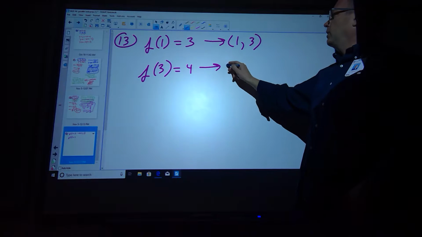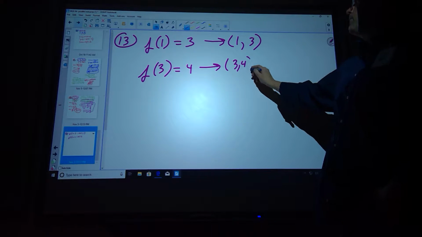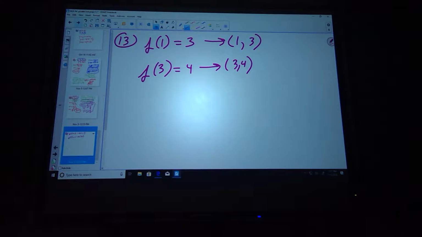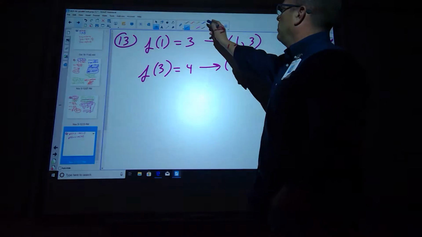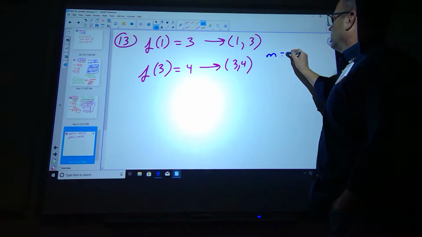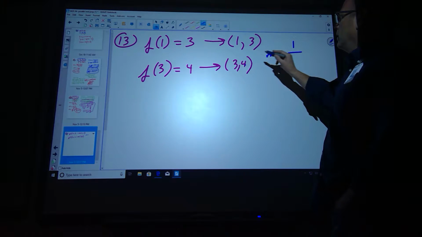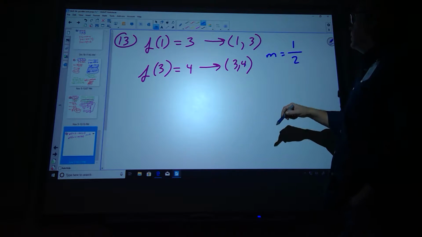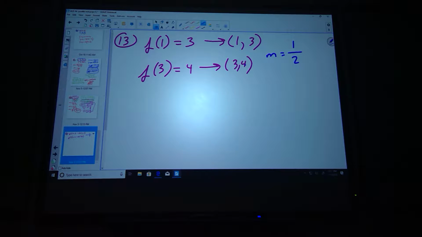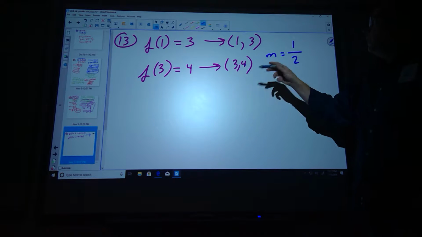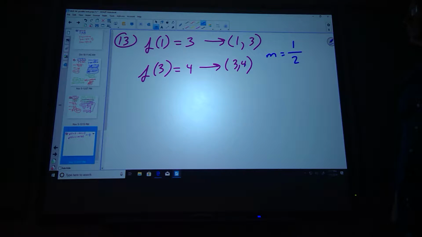This will give me this as a point. Is that okay? So that's the first part you have to recognize. Then you have to realize, hey, can I find the slope of these? So I'm going to go 4 minus 3 to get 1, 3 minus 1 to get 2. So I have a slope of 1/2. Okay, yes, I could have gone this way, and it would have been negative over negative, which is positive.